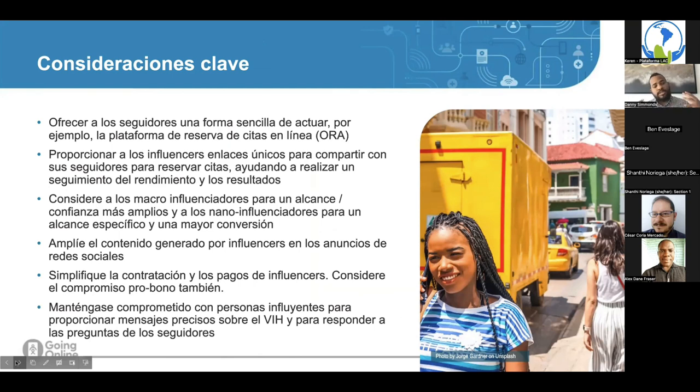So as influencers engage with their audience and share about services, they can also share a way for clients to take action by clicking a link, booking a service, or requesting to speak to someone who can offer virtual support. Provide influencers with unique links to share with their followers to book appointments, helping them to track performance and outcomes. And that's one of the features of QuickRes or Aura, the app that was developed by FHI 360.